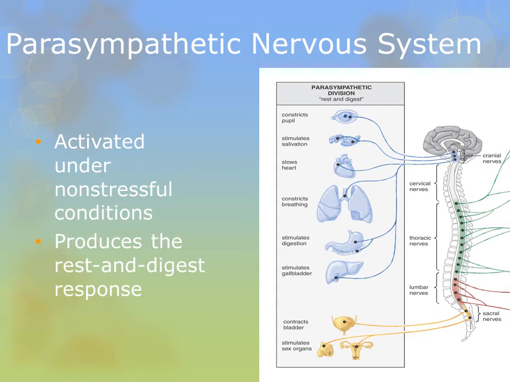So if we block the sympathetic nervous system, what does that leave in control? That's going to leave in control the parasympathetic nervous system. By knowing that, you might ask yourself, why do I care?